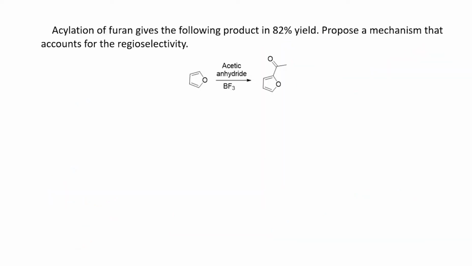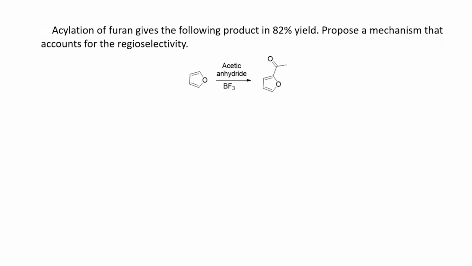So the next problem is understanding the reactivity of a heterocyclic compound, and this heterocyclic compound is called furan, and furan is a very important heterocyclic compound that is used as a synthetic intermediate in many reactions, including to make pharmaceutically active compounds or drug-like molecules.